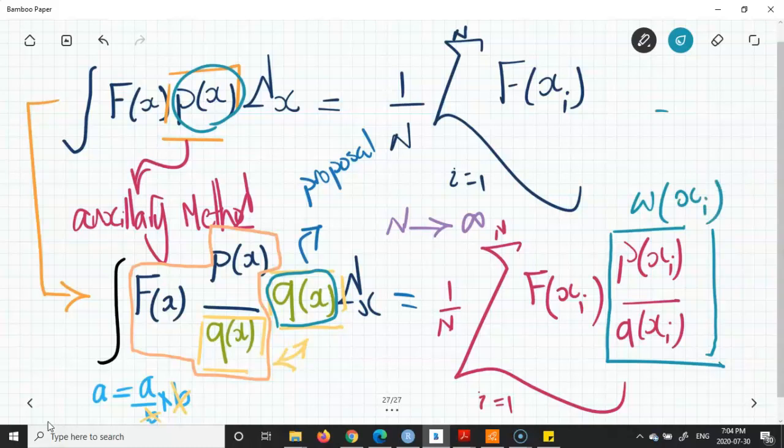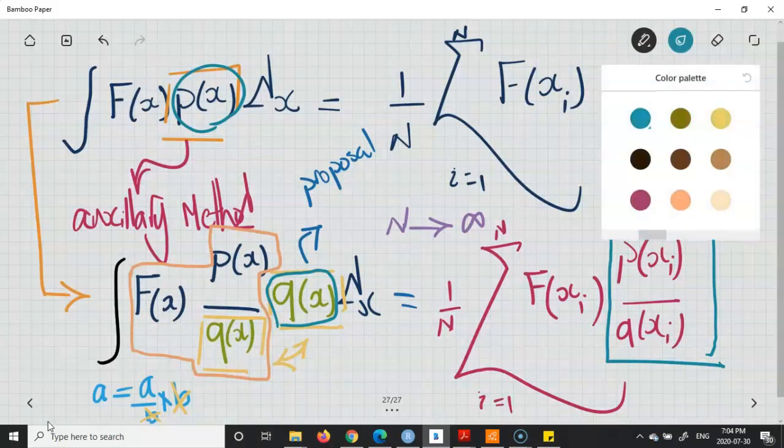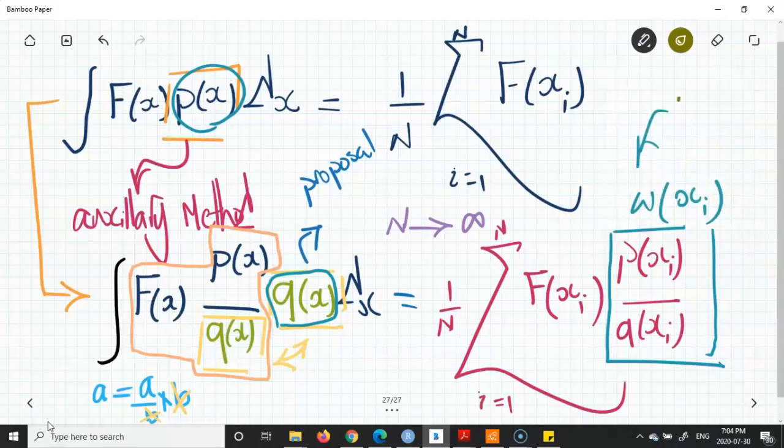It has a name: we call that the importance weight, which can be used as a very important diagnostic for the models.